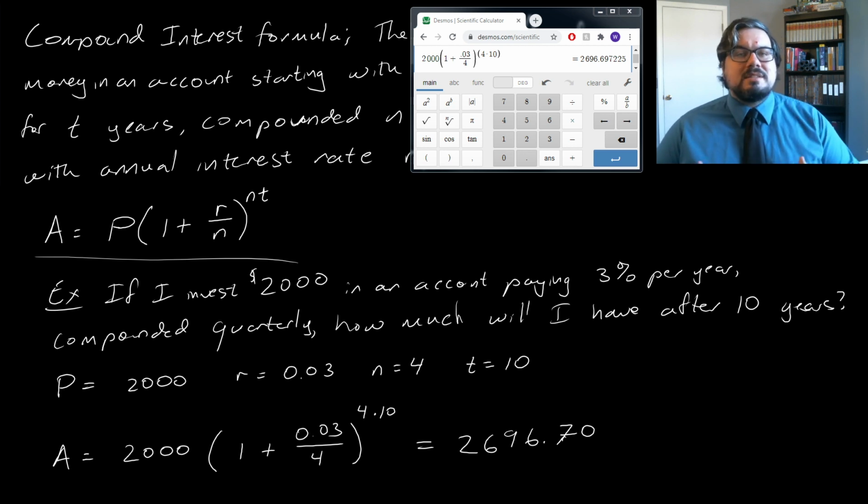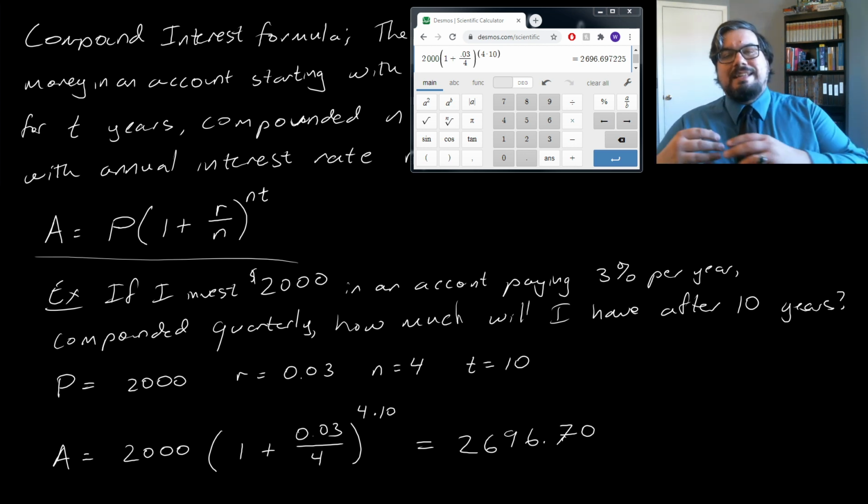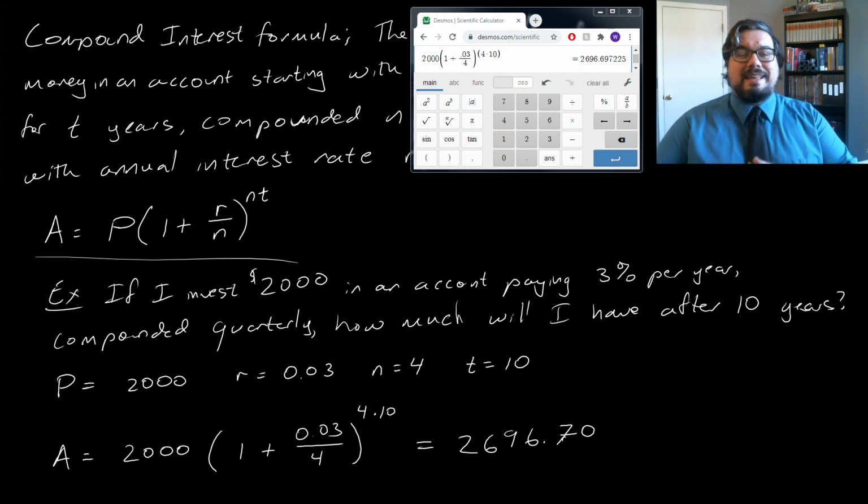So it's not just applicable to dollars in savings accounts earning explicitly interest, but it can also be return on investment for lots of different kinds of situations. Okay, so that's how we do that.